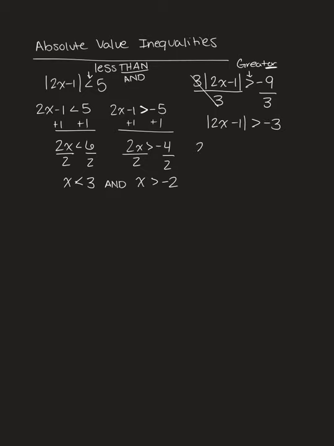And then I make my two equations. And I have to change the sign, so change the inequality, and then the negative of -3 is +3. So then I solve.